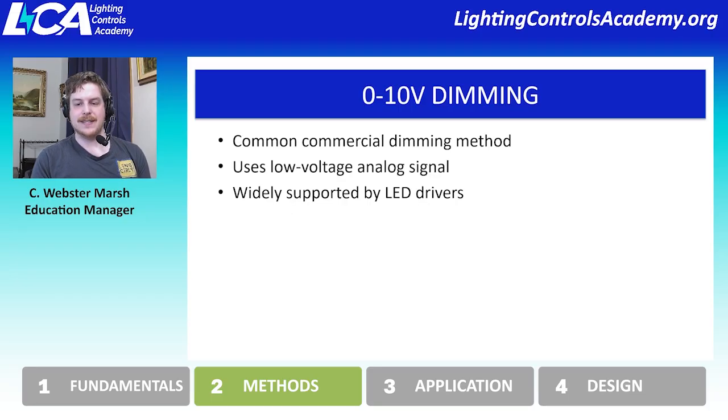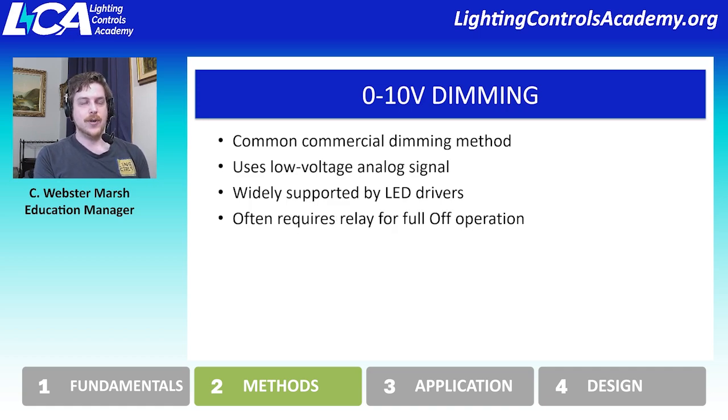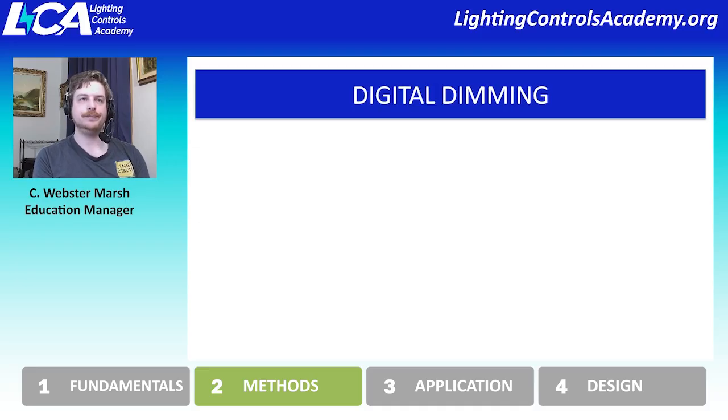So instead of that term dimmable, we're actually seeing a little bit more standardization, again, with that dimming range, 100% to 10%, 100% to 1%. That's typically a thing that a lot of groups will actually put on their cut sheets and make sure that they're communicating clearly. And in most cases with 0 to 10 volt, we do require a relay to turn the fixture off because of that limitation of going only to 10% before you need to shut it off.